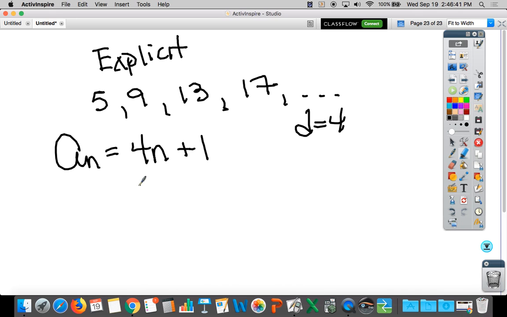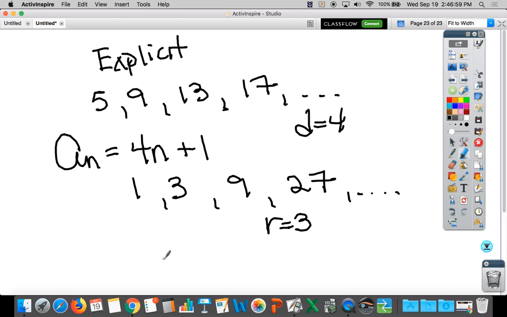Okay? If we had this, is that geometric or arithmetic? Geometric with a common ratio of 3.